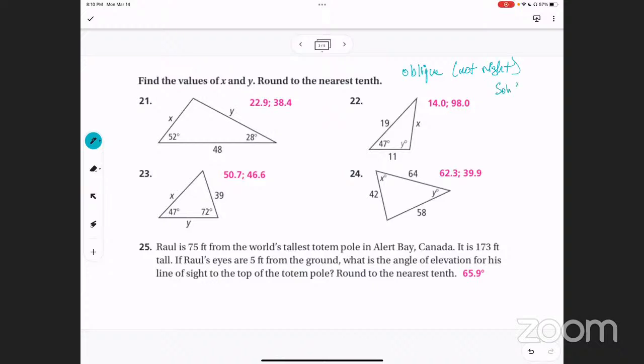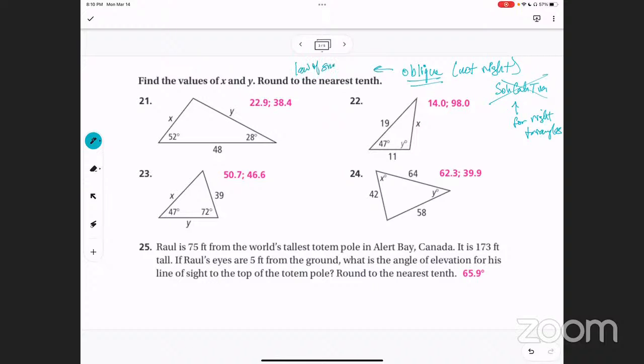SOHCAHTOA is used for right triangles, like we just did. For oblique triangles, we need to use the law of sines or the law of cosines.